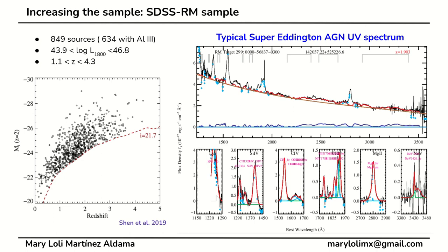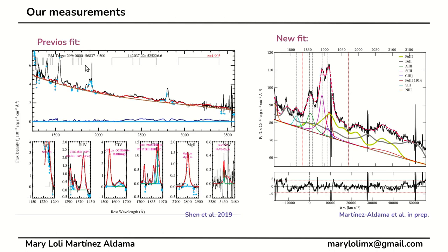But in the case of the Super-Eddington AGN, since they do not vary so strongly, we can get a mean spectrum and increase the signal to noise, and also perform very good fits, which can help us with other kinds of objectives. And also, aluminum III is observed in this redshift range, which is a suitable range for making, for example, cosmological analysis.